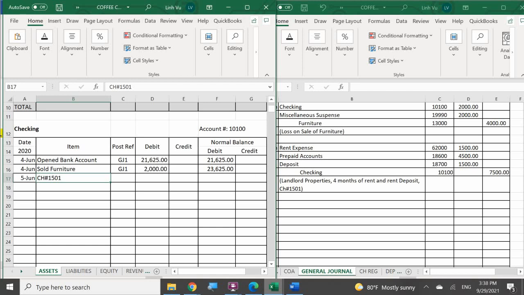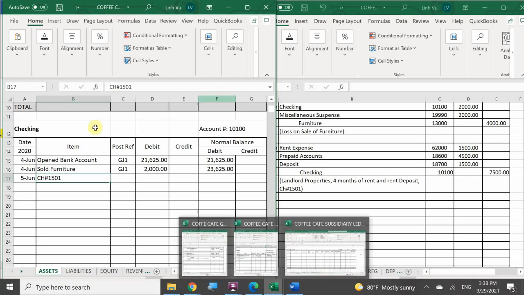I can look up in my check register what happened with check 1501, because that's going to give me the date, how much I paid, and who I paid. So in this case, I only need that piece of information because it will tell me what happened with that check.